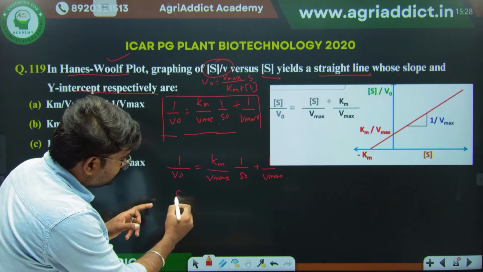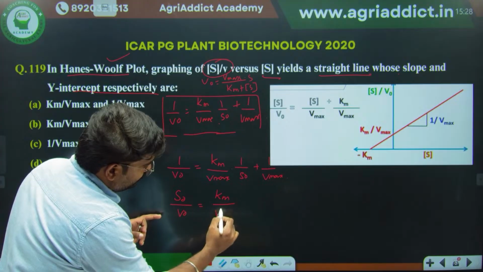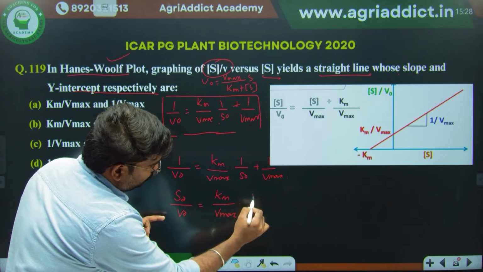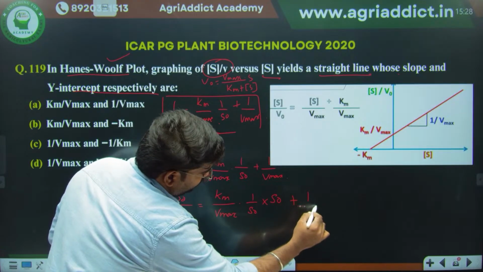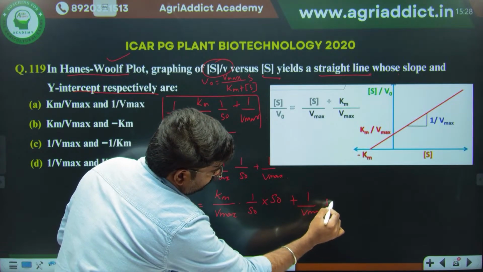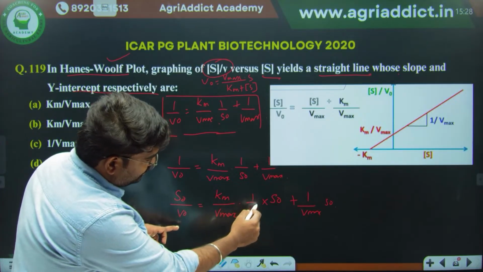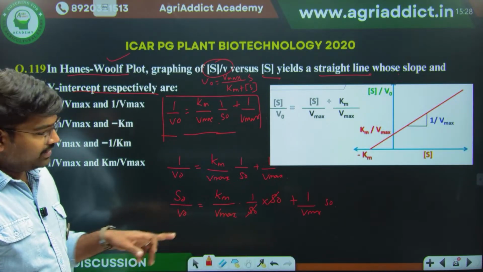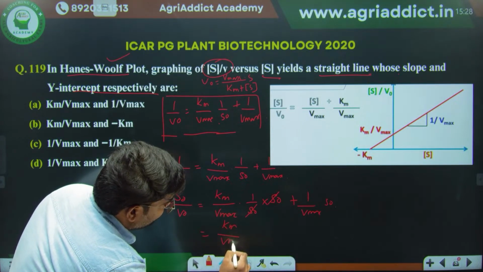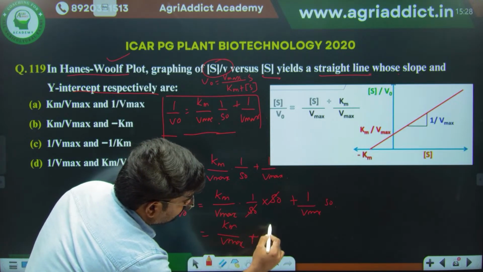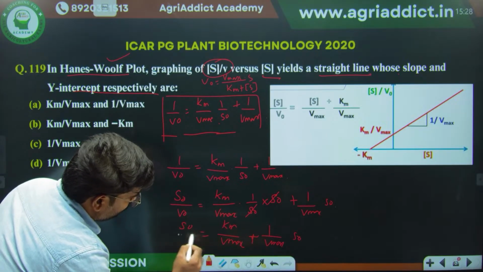So S0/V0 = Km/Vmax × 1/S0 × S0 + 1/Vmax × S0. Clear? Now we have to simplify. If you simplify, this and this will be cancelled. Correct? So Km/Vmax plus 1/Vmax × S0 equals S0/V0.